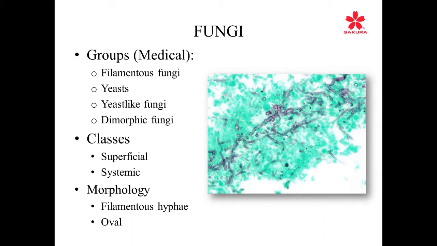Budding is a very interesting phenomenon. What you'll see is primarily on organisms that have this oval morphology, you will see an extension formed on the outer surface of the parent cell.